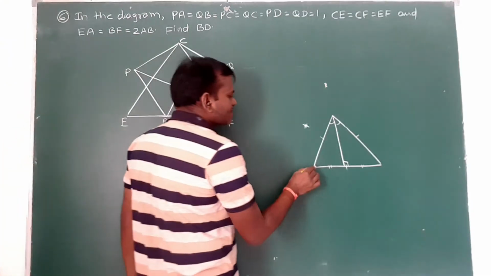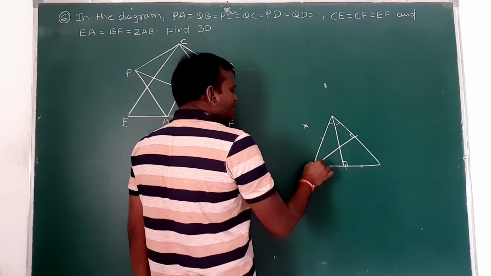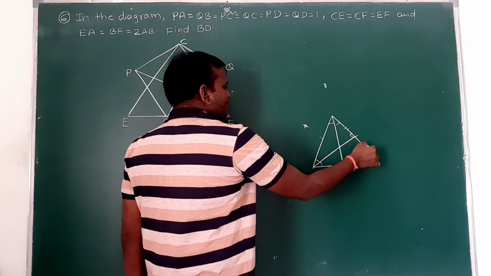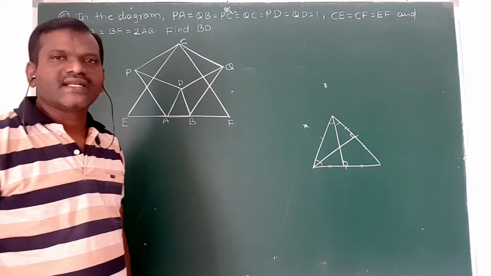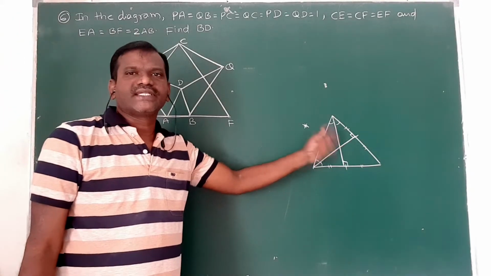Similarly from the other vertices also. That's why in an equilateral triangle, centroid, orthocenter and incenter all coincide at one point.